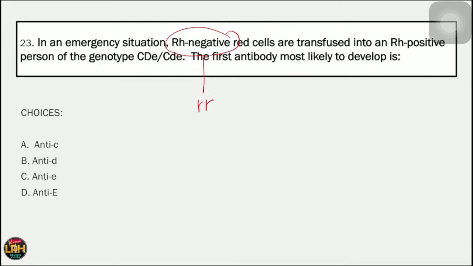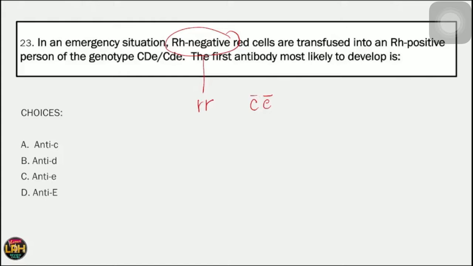If a person has a haplotype of small r, the antigens present are small c and small e, of course without the presence of the D antigen.